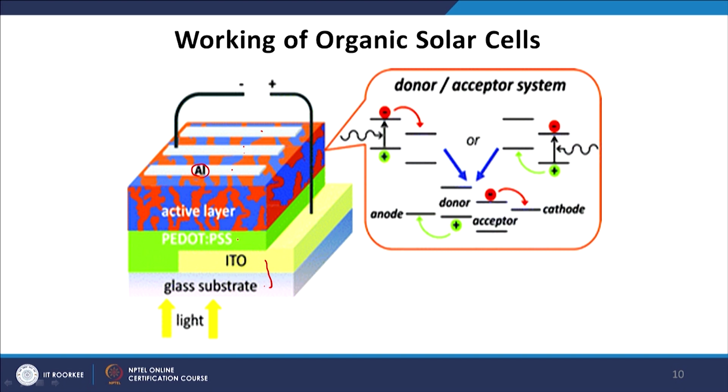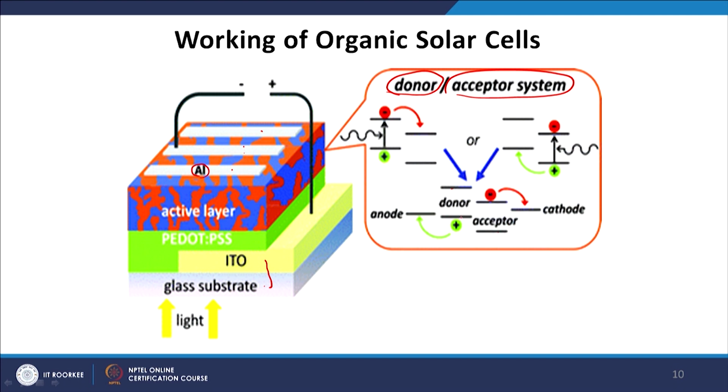Now, if we look at this active layer, you will see that it is made of two different compounds, one is the donor and the other is the acceptor material. We already said that as a donor we can use a conjugated polymer, and as an acceptor we use a small molecule. This is the donor molecule, and this is our acceptor molecule.